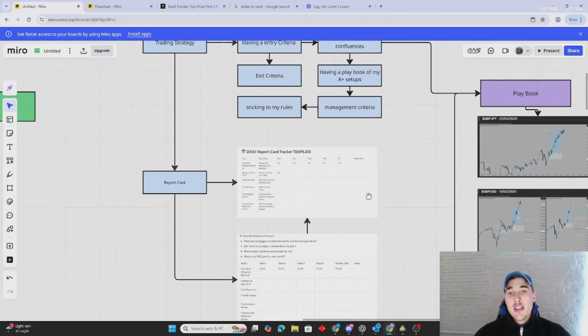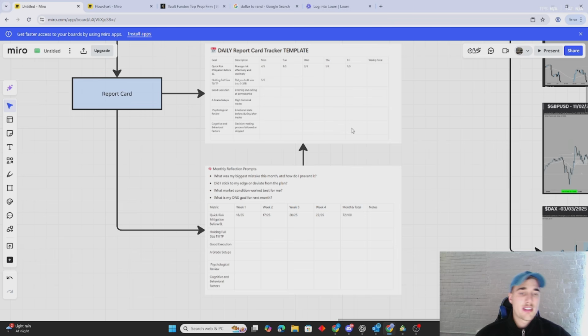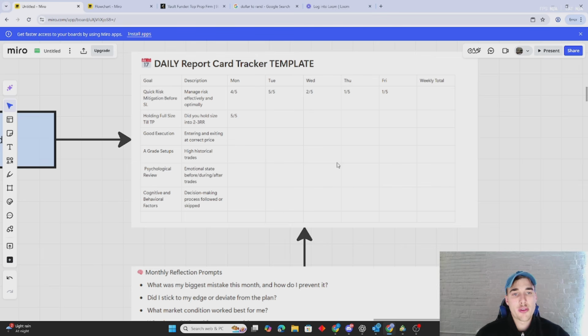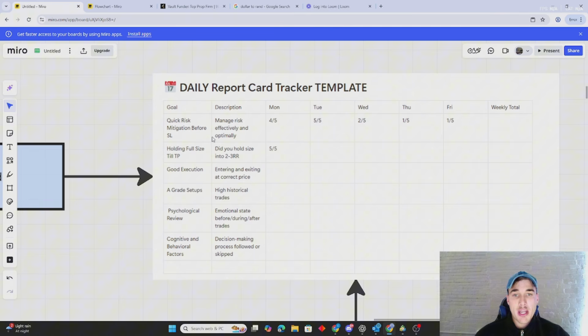Next thing would be daily report cards. Now, a lot of people leave this out as they think it's not really important. But what is a daily report card? It's basically to track your performance in your trading career. What I like to do with my students, we have a journal system set out for them, but it is simply monitoring your performance. For example, risk mitigation before stop loss.